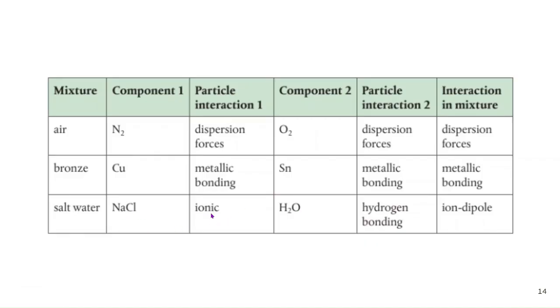NaCl is held together by ionic bonds. Water, it hydrogen bonds to itself, which we'll talk about if you don't already know. And so when these two things interact with each other, they have an ion dipole interaction, which basically there is an ion in the salt, and it is attracted to a partial charge on the water, and so they interact.